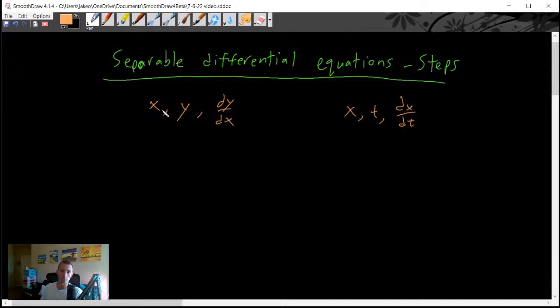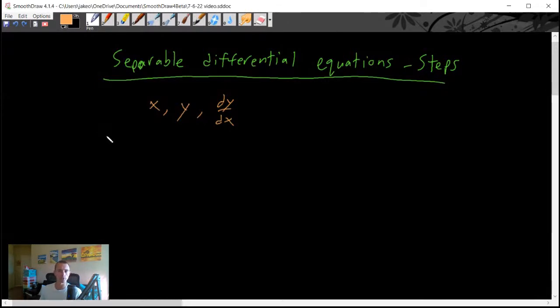The point is it's going to be two variables and then the derivative of one of your variables with respect to the other variable. So you're going to get this situation where you have these three different letters. One's a function, one's a variable, and then your dy/dx or dx/dt is just going to represent the derivative of your function with respect to your variable. So an equation that contains those three things is considered a differential equation.